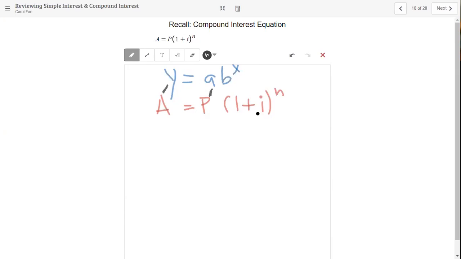So we're doing the same thing. This is our growth rate. So we're taking 1 because interest is always growing. It's never a decay. So because it's growing, we're going to do the 1 plus i. And our x is the same as our n here.